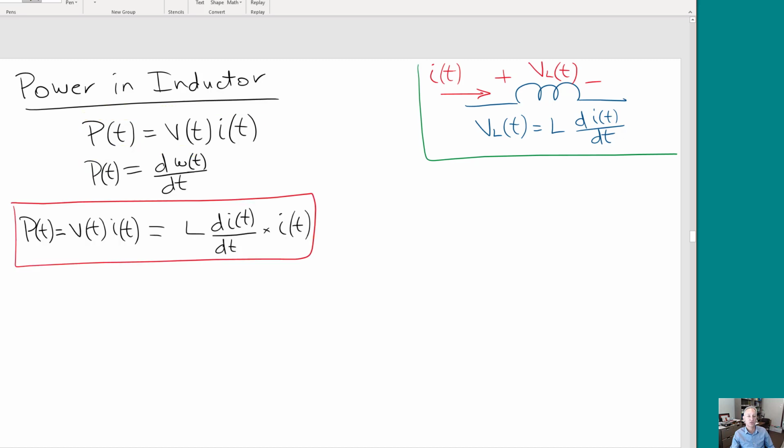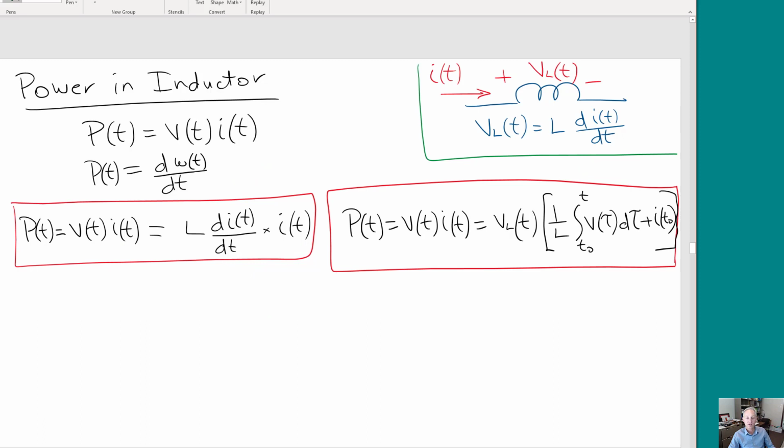Here we have the expression for voltage times the current, a pretty straightforward one where we've just plugged in. Then we have another expression where power is equal to voltage times current: we have voltage here, and this term is the current, a relationship we found a little bit earlier.